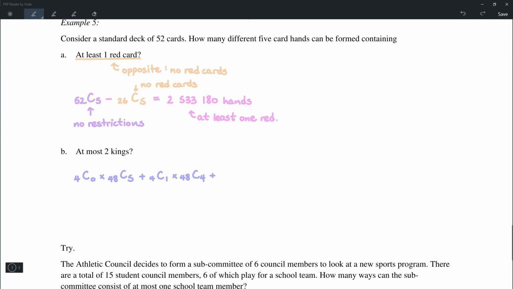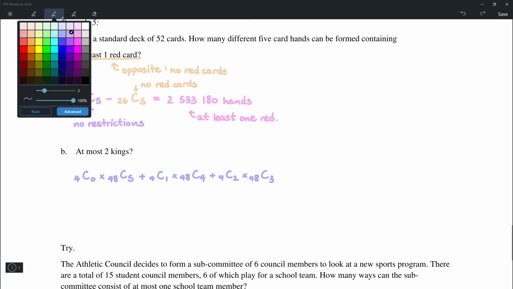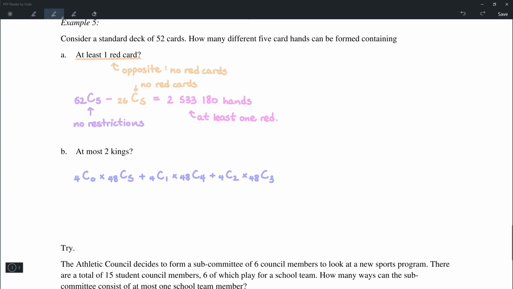And finally, the last case, we're going to have 4 choose 2, so 2 kings, and then of the remaining 48 cards, we're going to need 3 of them. And what we'll do is first go ahead and label what each one of these were. So the first case, no kings. The second part is 1 king. And then finally 2 kings at the end.